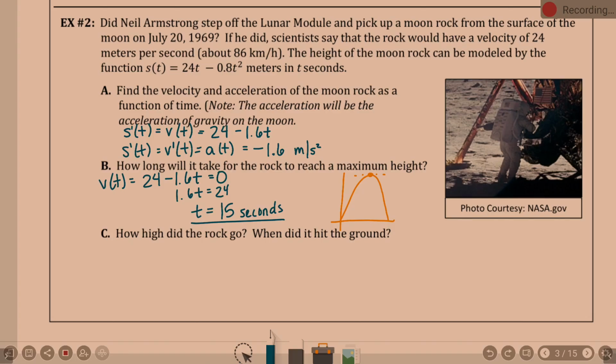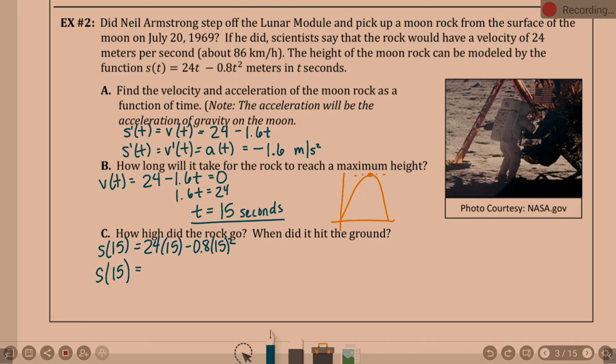So you are indeed finding s of 15. So 24 times 15 minus 0.8 times 15 squared. Not a good day to not have a calculator. You want the answer? It's 180.